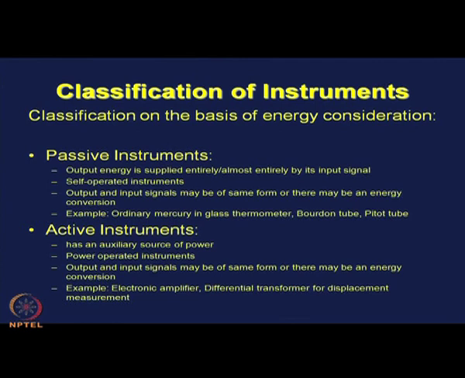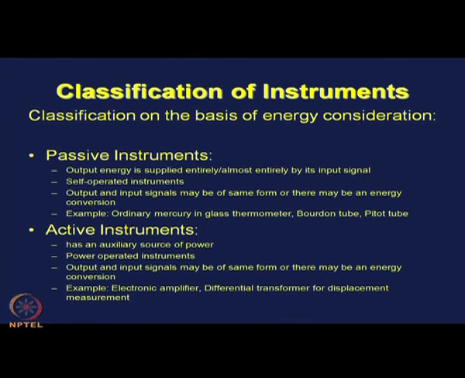That means whether it is self-operated instrument or it requires an auxiliary source of power, like whether it is an automatic instrument or a manual instrument, whether it is necessary to bring the instrument in intimate contact with the measuring medium, or it is not necessary to bring the instrument in close contact with the measuring medium. So, there are various bases for classification, and now we will see some of the ways how we can classify various instruments.